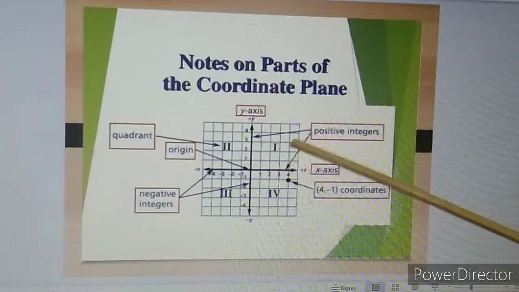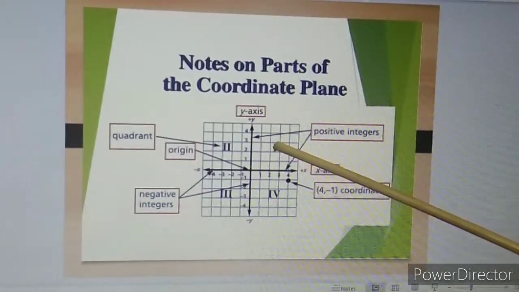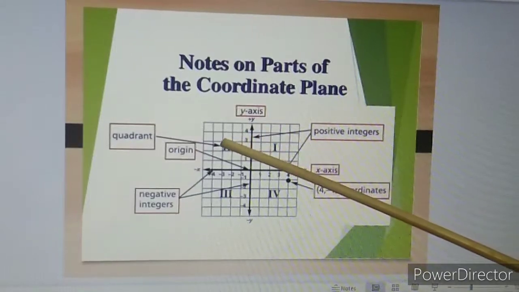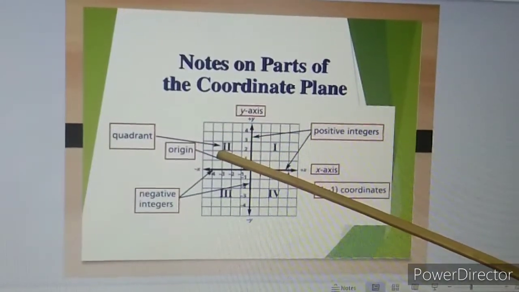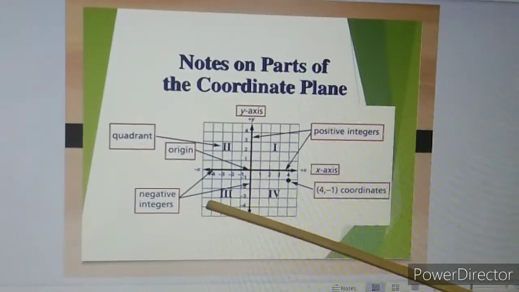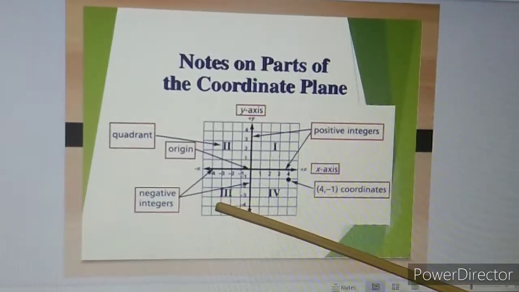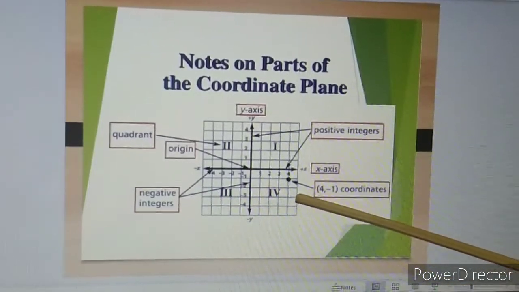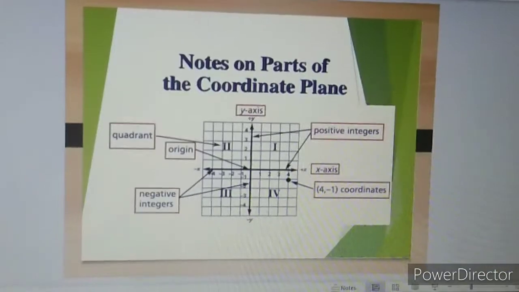All of the points located in the first quadrant have the signs positive, positive. All the points located in quadrant 2 have the coordinates negative, positive. In quadrant 3, the signs are negative, negative. And in quadrant 4, the coordinates have the signs positive, negative.